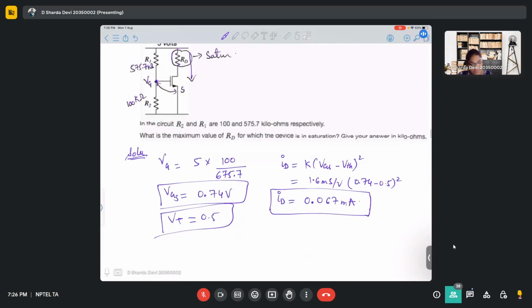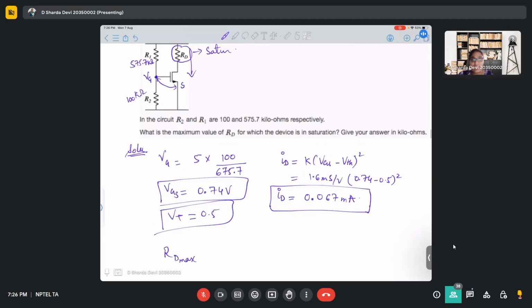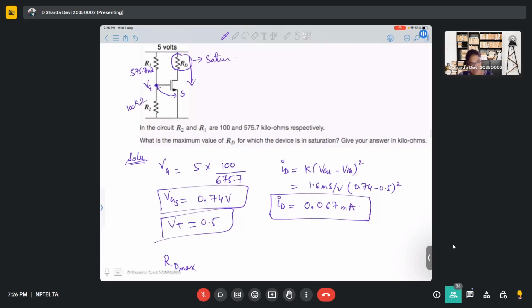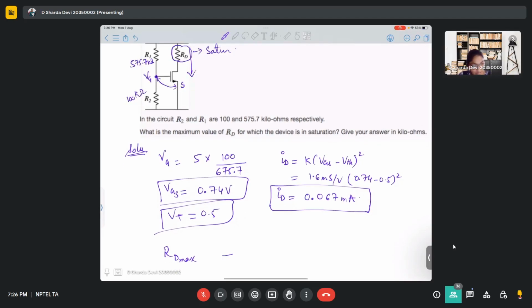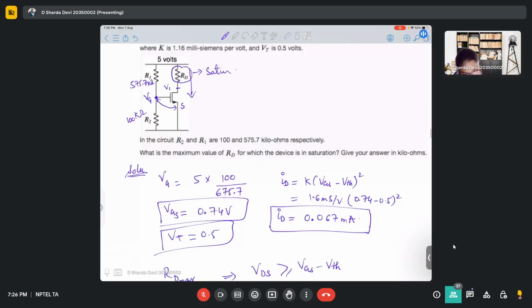Now, what was the question? We need to find the RD max, the maximum value of resistance which can keep your device in saturation. So what is the governing equation? VDS should be greater than or equal to the overdrive voltage, that is VGS minus VTH.